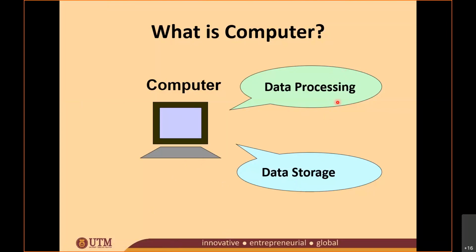Usually the data stored in our computer is in binary form. Sometimes it will be stored in hexadecimal numbers, but most of the time it will be stored in binary numbers.